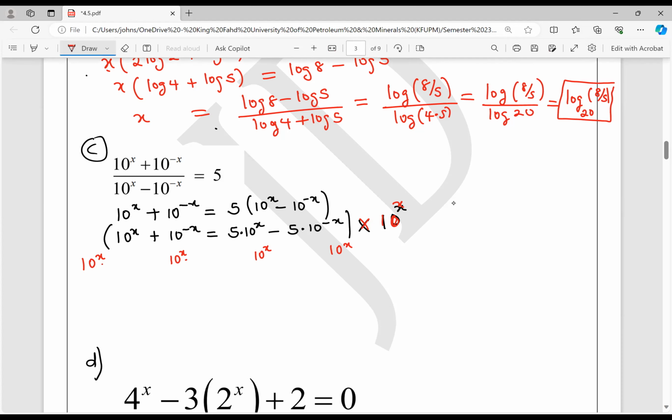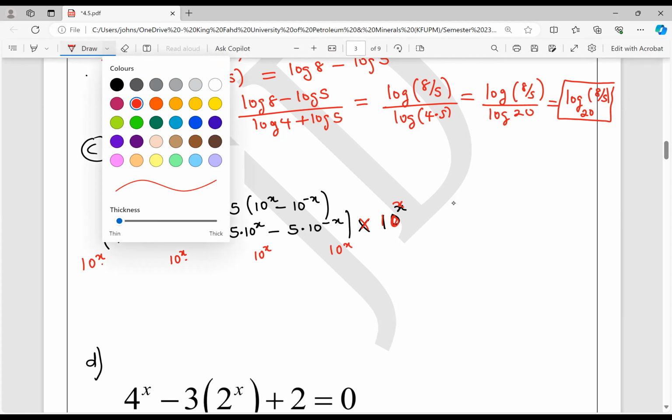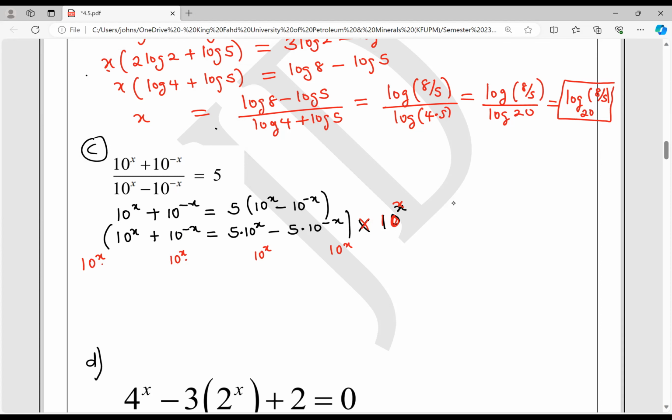So we are multiplying each term by 10^x, right? Here you have 10^x, here you still have 10^(-x), here we have 5 times 10^x, and minus, here we still have 5 times 10 to power minus x.